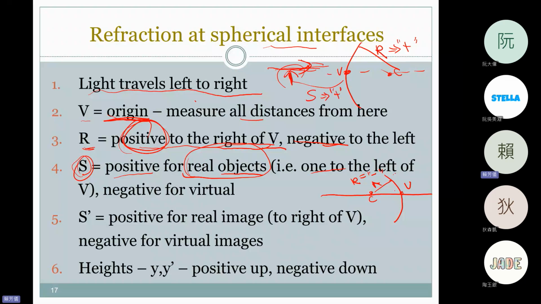But if your object is behind the V, but our light is from the left side, you should not see the real object. So in this kind of situation, the distance S will be negative.